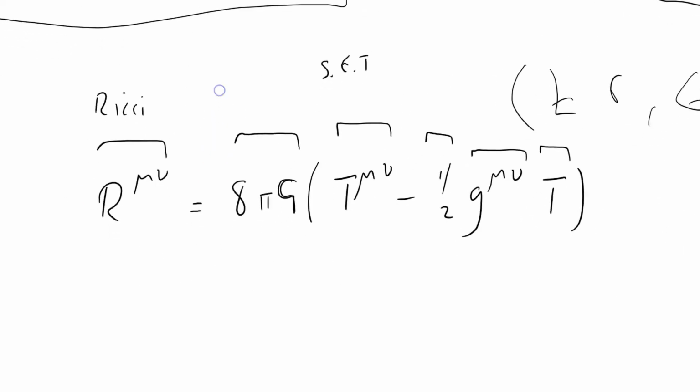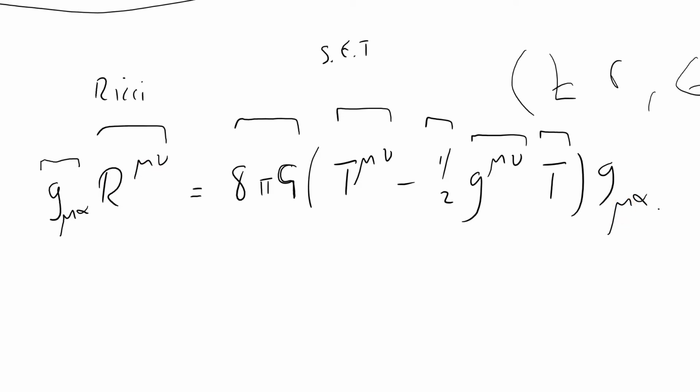What I'm going to do is multiply on the left by g mu alpha and on the right by g mu alpha. We're going to multiply on the left by the metric tensor with two downstairs indices and sum over index mu, and summing over index mu there, which will have the effect of raising and lowering, with one upstairs and one downstairs index. Let's have a look.